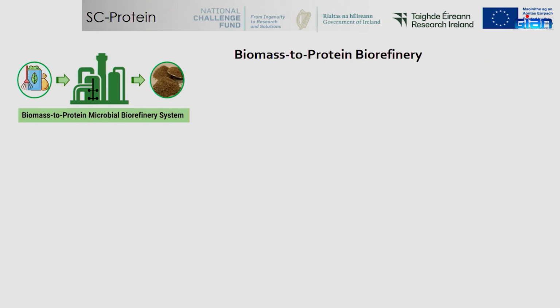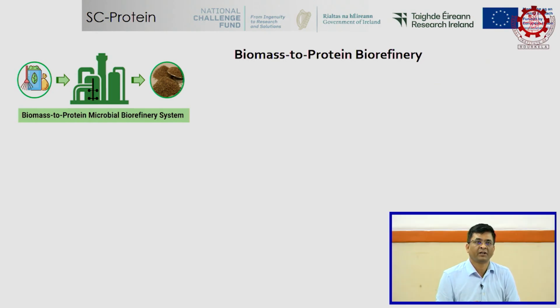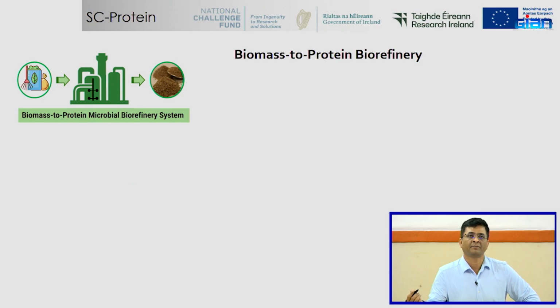Now, how many of you are involved in protein extraction? Somebody said in the morning novel food protein as a microbial source of protein, right? So when you extract a protein from a plant or from any crop, how many of you know how to extract a protein from pulses or from canola meal or from any source?